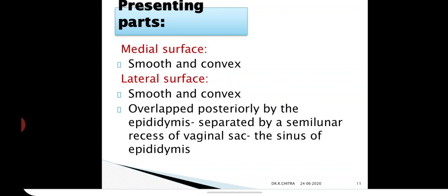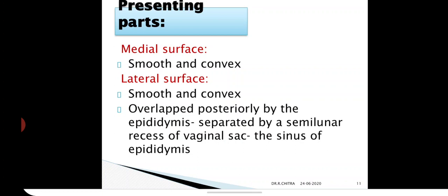Medial surface will be smooth and convex. Lateral surface will be overlapped posteriorly by the epididymis, separated by a semilunar recess of the vaginal sac that is called the sinus of epididymis. So in the beginning I was telling you that you will be given the testis in the practical exam. To identify the testis, you have to see this semilunar recess, so that will be the lateral surface.